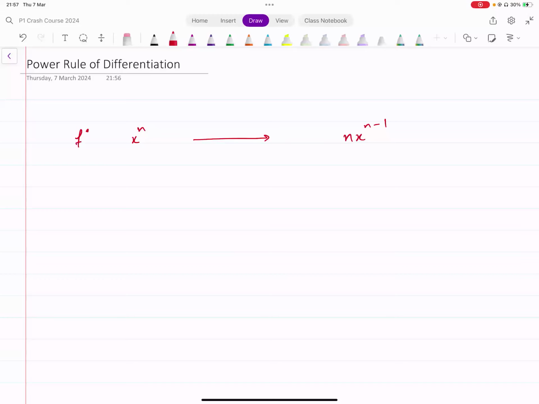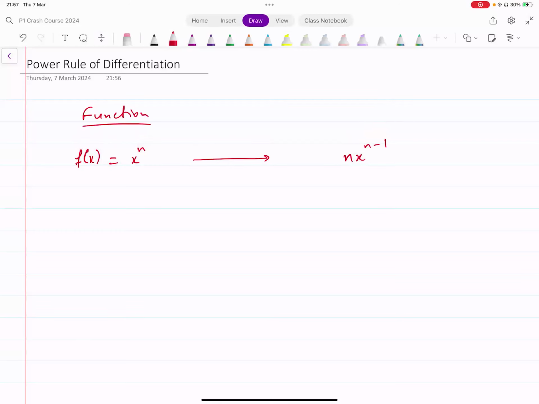So if you have f of x equal to x raised to power n, this is your original function. The derivative of that function in this notation is going to be denoted by f prime of x. So we have this dash on top.